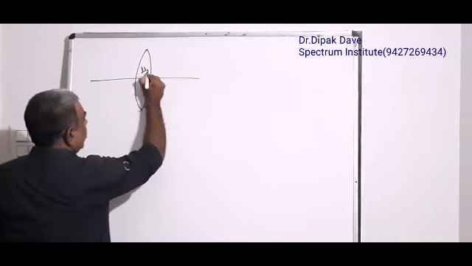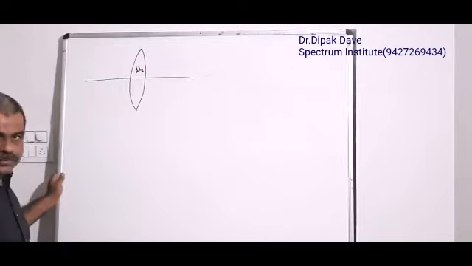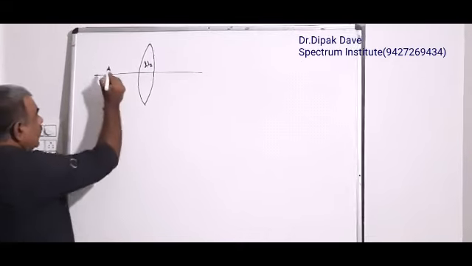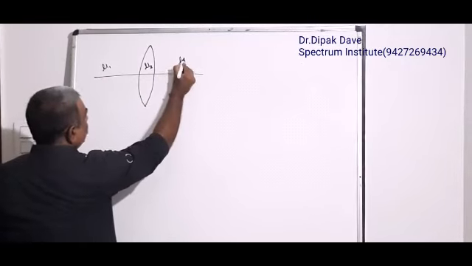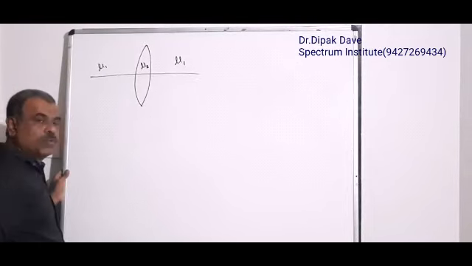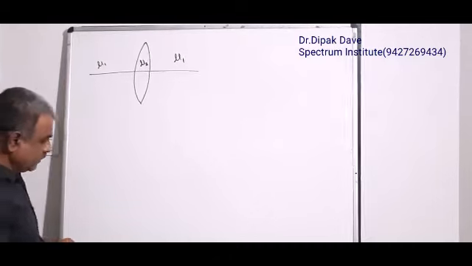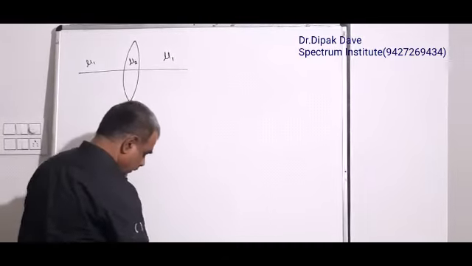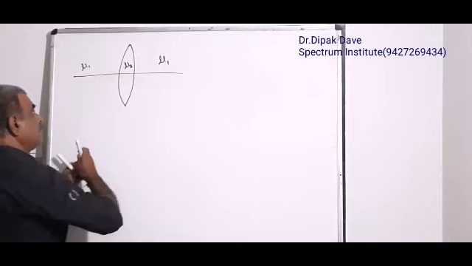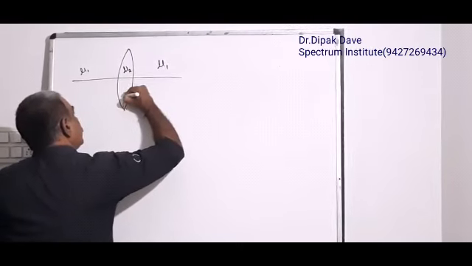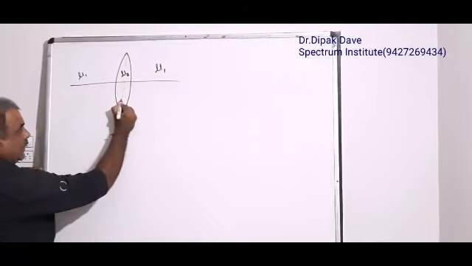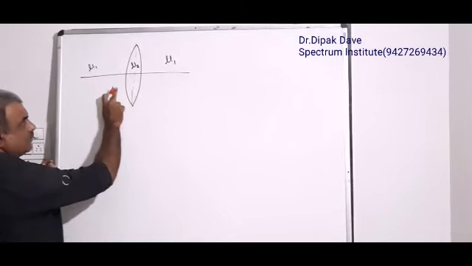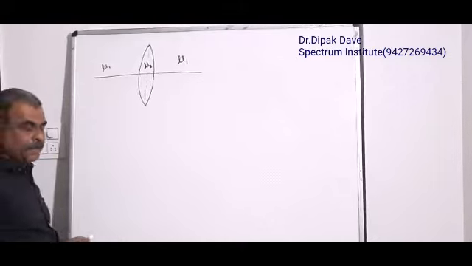The refractive index of the material of the lens is mu2, surrounded by a medium having refractive index mu1. Now see the figure. From this part we are bisecting the figure. Why? There are two curved surfaces, one and second.